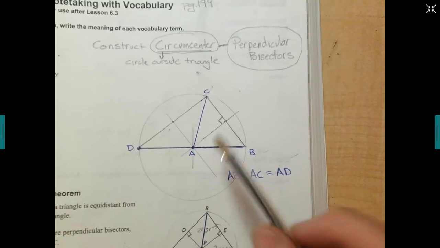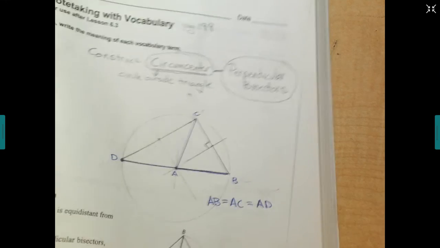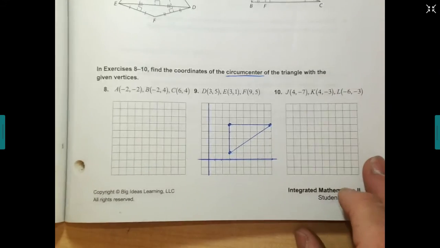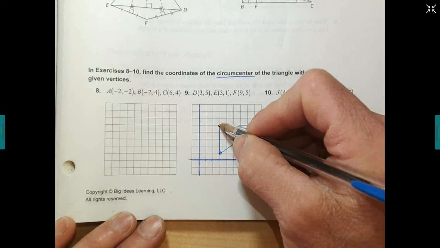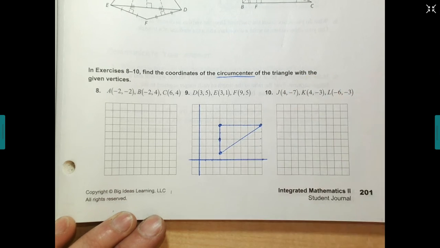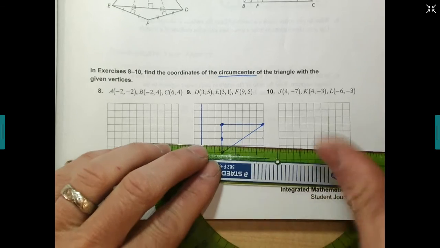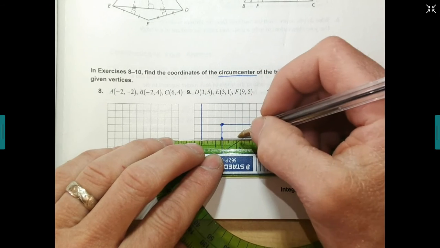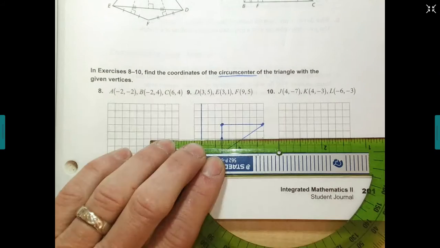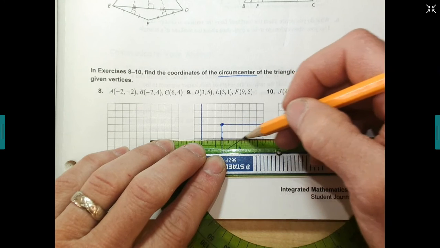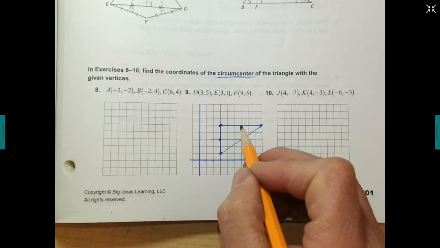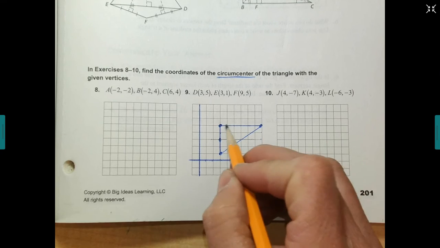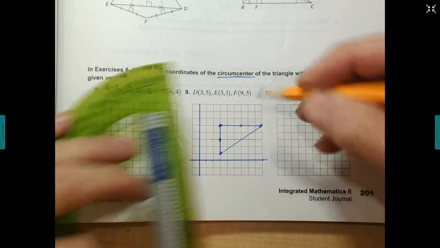So we have to find our circumcenter. Our circumcenter is perpendicular bisectors. So let's bisect. So this is 1, 2, 3, 4. There's our bisector, and perpendicular would just be straight this way. And we got 1, 2, 3, 4, 5, 6. So 1, 2, 3.